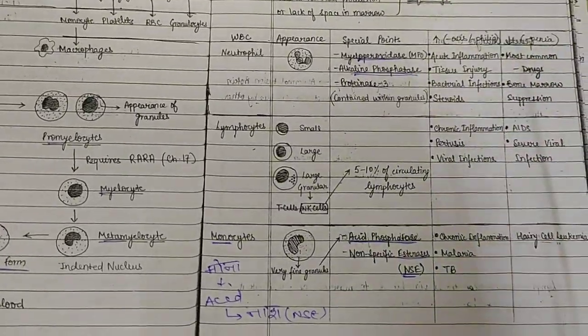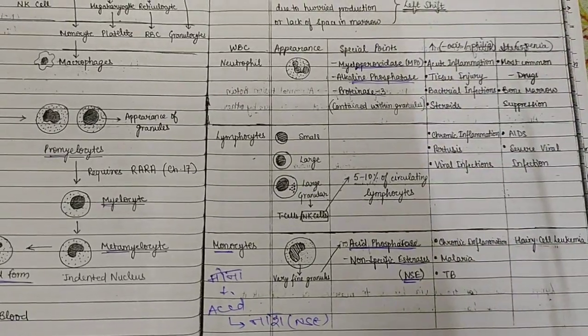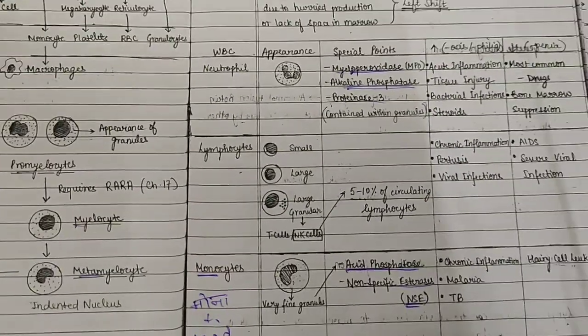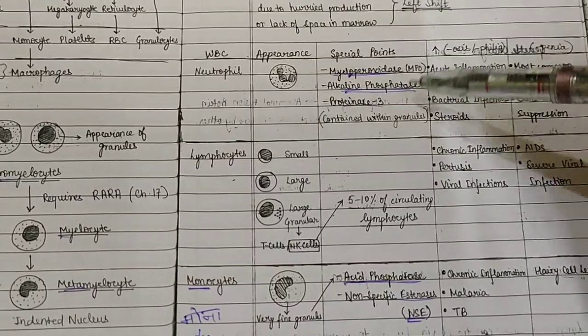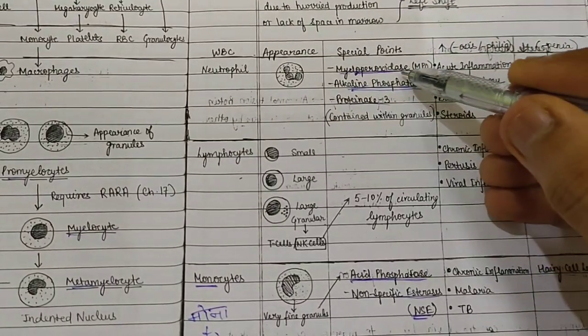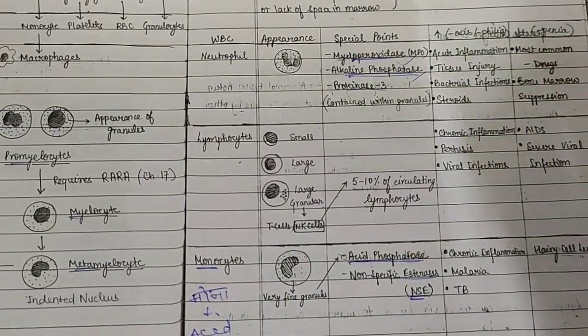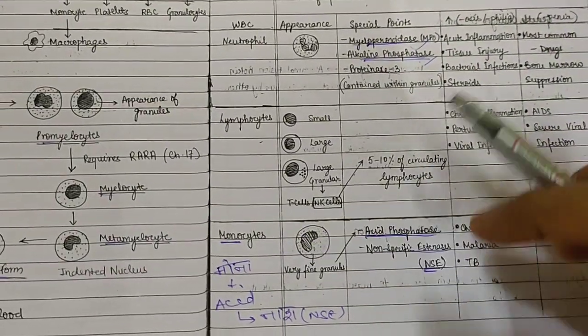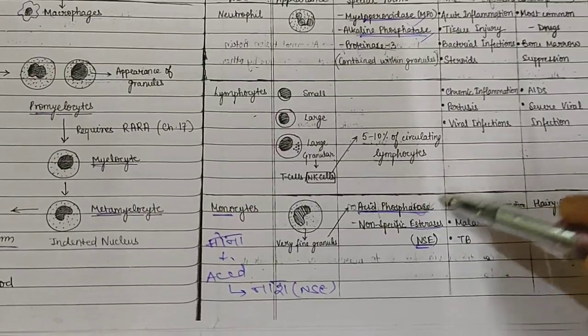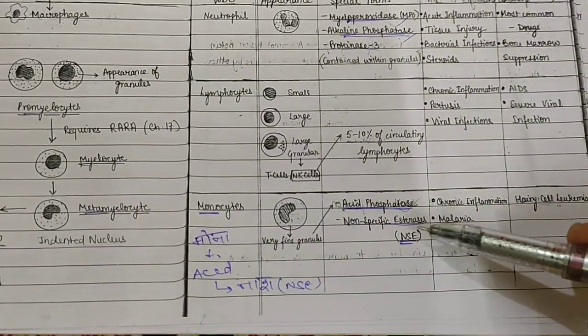Now next point, some points are very important, that is the appearance. So coming to the first, neutrophil. Neutrophils are myeloperoxidase positive, alkaline phosphatase positive and proteinase 3 positive. These are very important. And monocytes are acid phosphatase positive and non-specific esterase positive.